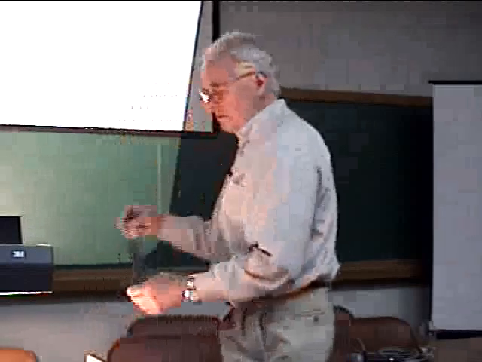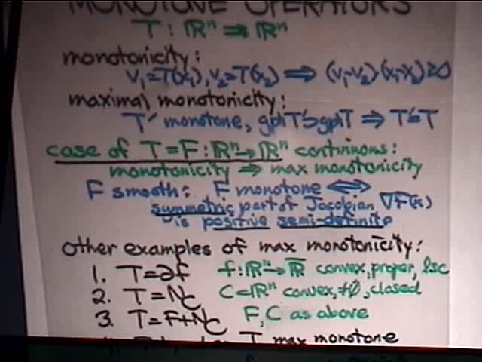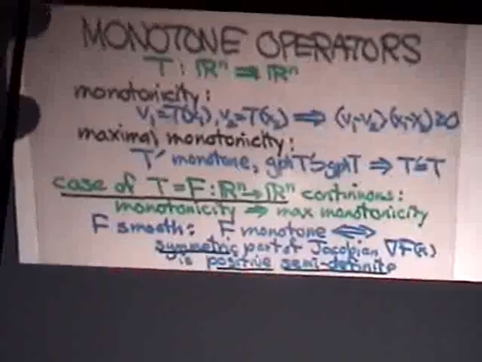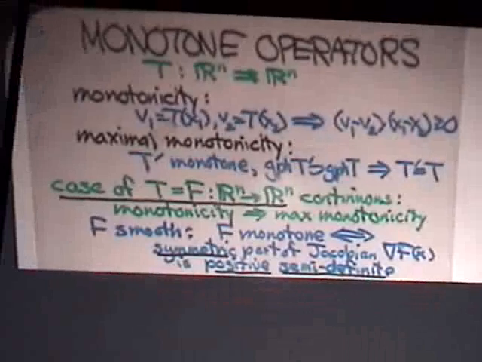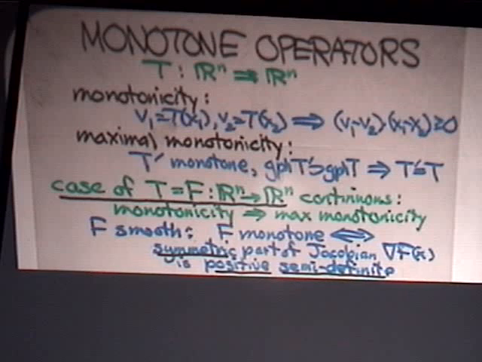The main area in which this property occurs is that of a so-called monotone operator. Monotone operators were introduced in the area of PDEs, but they equally come up in optimization. Here we're looking at a finite dimensional version. Monotonicity in this case is not related to a partial ordering. It's monotonicity as a generalization of positive semi-definiteness, unsymmetricness perhaps.